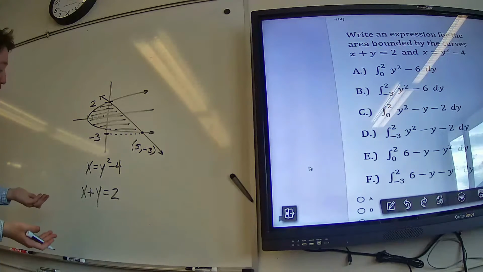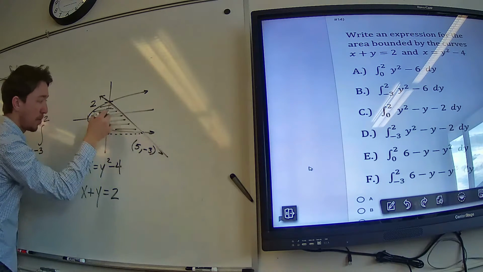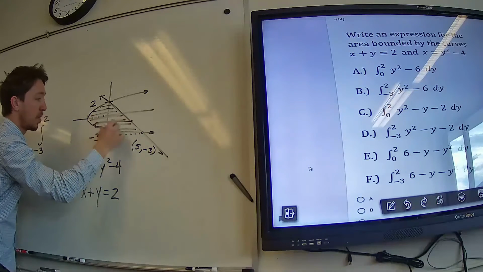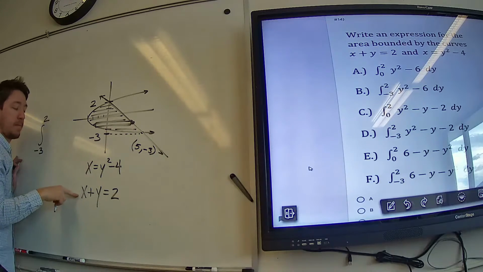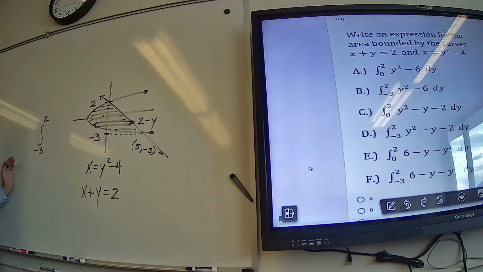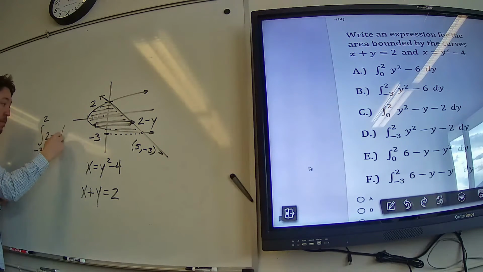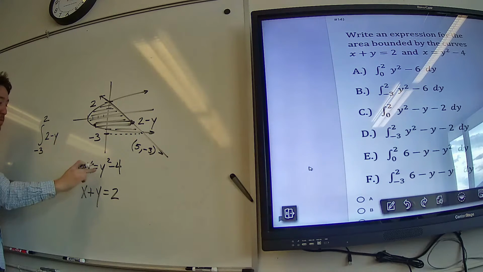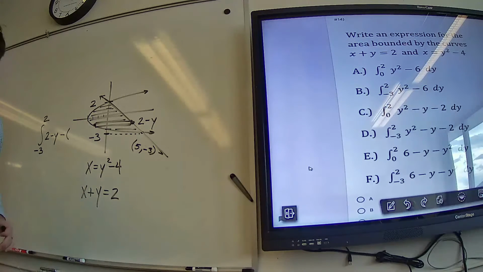So my integral then is integral from -3 to 2 of this curve. So remember, when you slice, what's this x value right here? 2 minus y. Right? So it's 2 minus y. What's this x value? I'm running out of room, sorry.